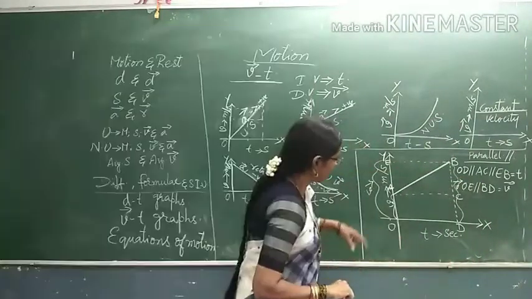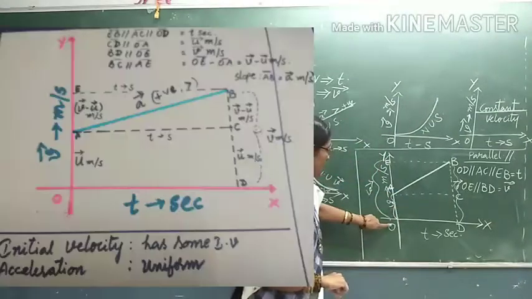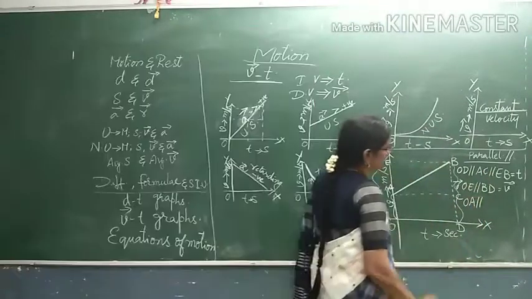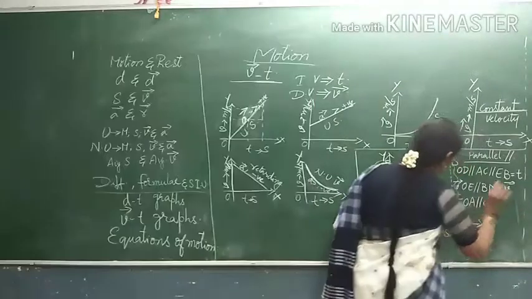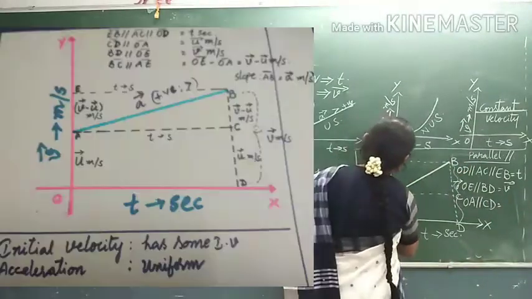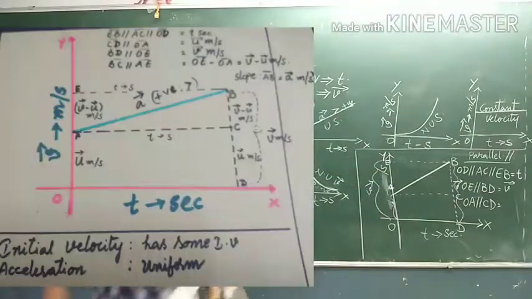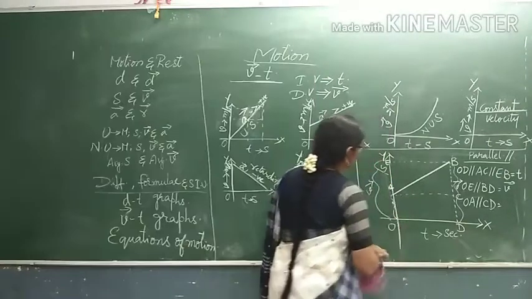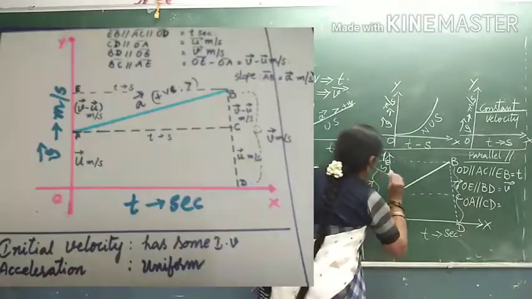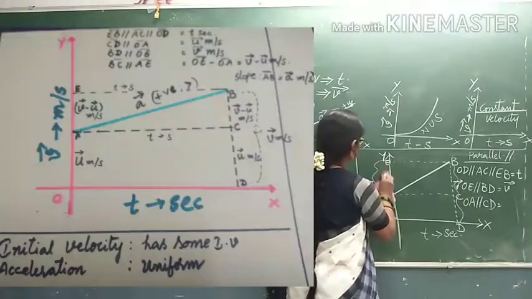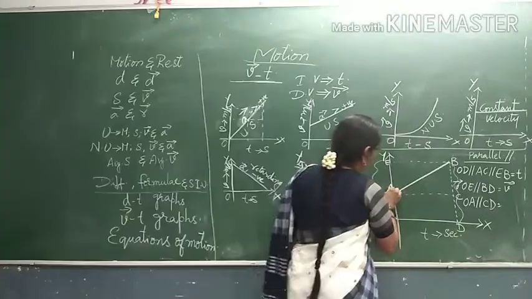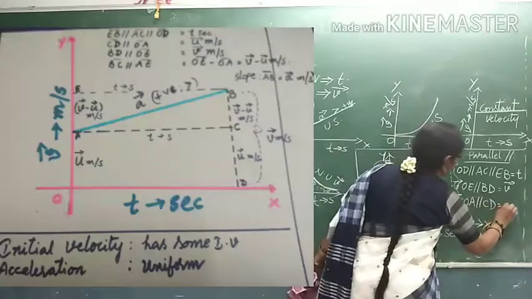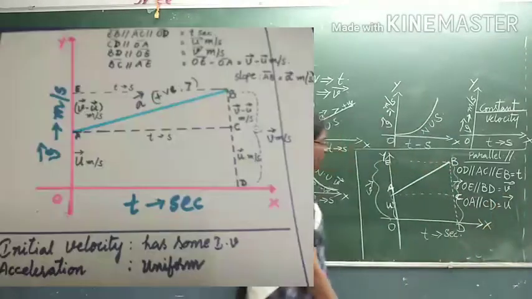Now, here we made it into half, no? So for OA, what is the parallel line? CD. What does it represent? You observe once again. This is initial velocity U. When OA is U, then automatically CD is also equal to U since they both are parallel to each other.